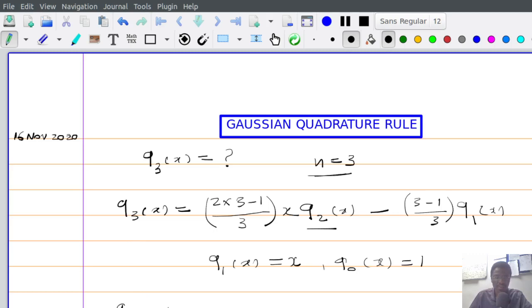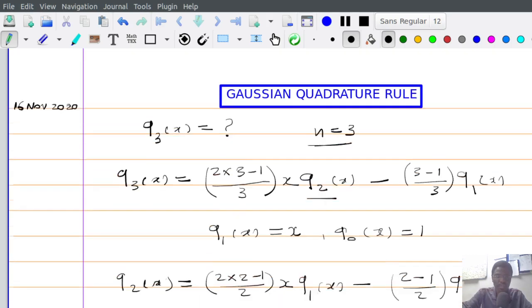Q2(x) is equal to (2 times 2 minus 1) by 2, x into Q1(x), minus (2 minus 1) by 2 into Q0(x).